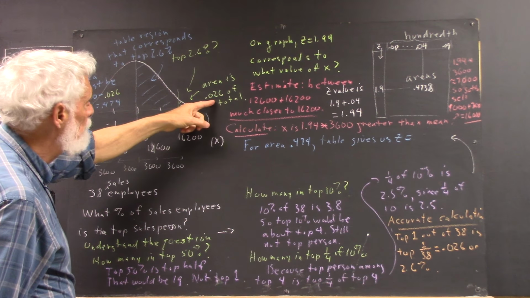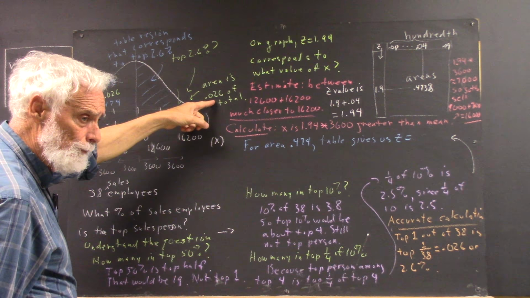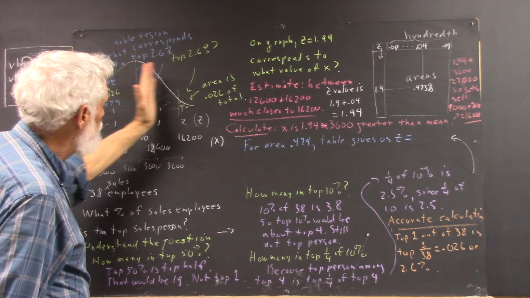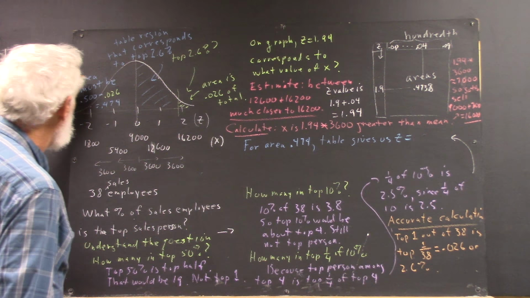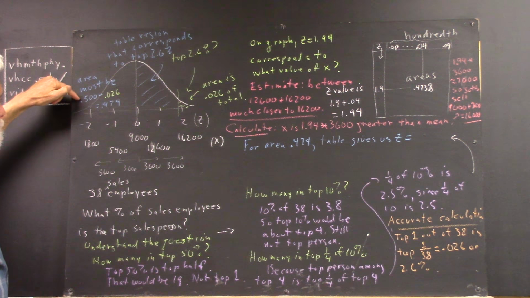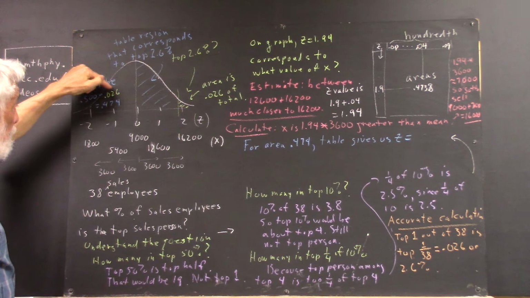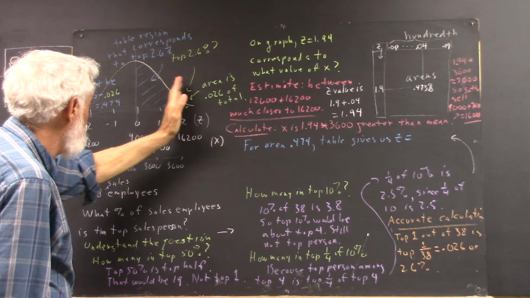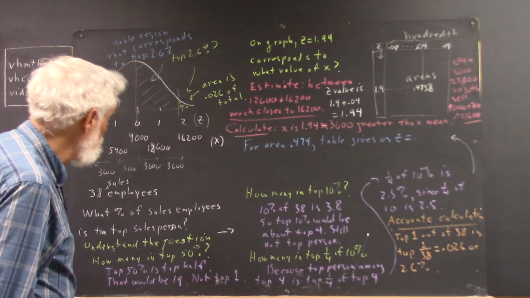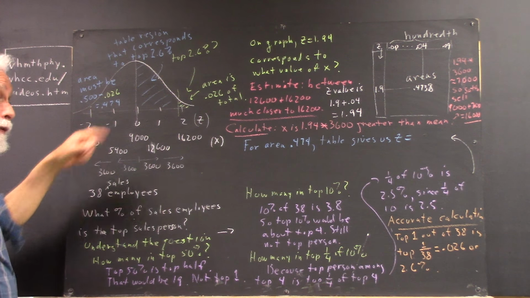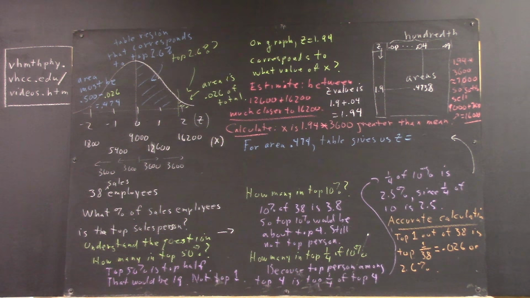Okay, so how much area here? Well, if 0.026 of it is here, half of it is from here to here. So this area has to be 0.500, which is half, minus the 0.026 that corresponds to your top person. That would be 0.474. Okay, so we look at the z-table.